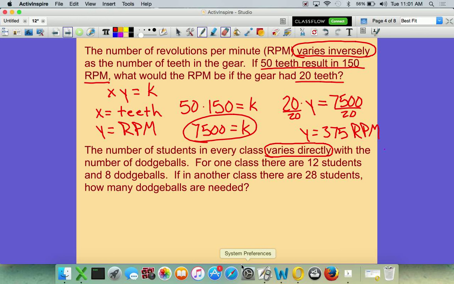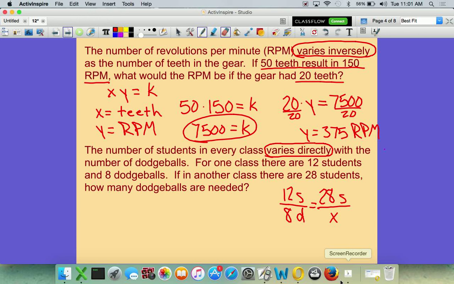Varies inversely, you cannot. All right, so if you wanted to, you could say, well, 12 students for every 8 dodgeballs equals 28 students for every X dodgeballs. And then you could cross multiply and solve that.